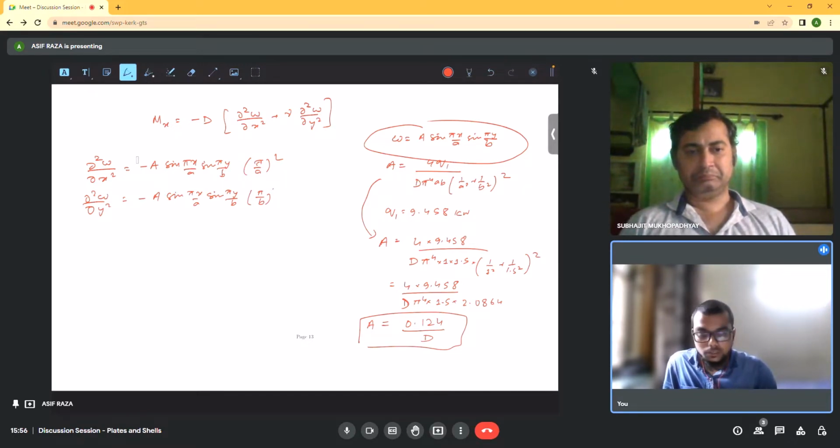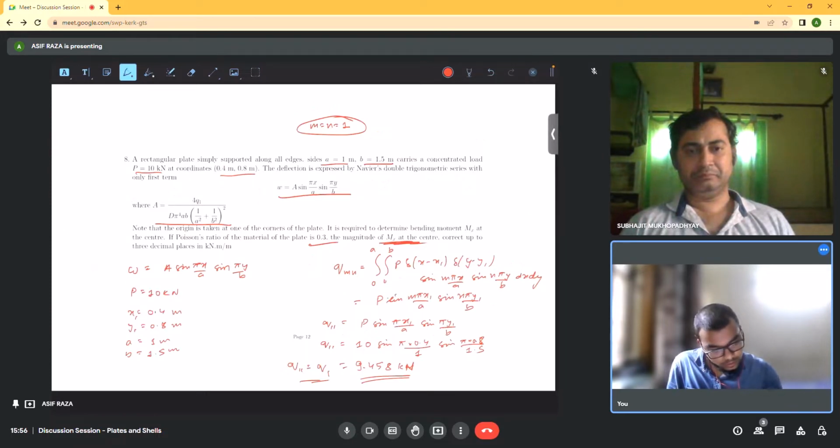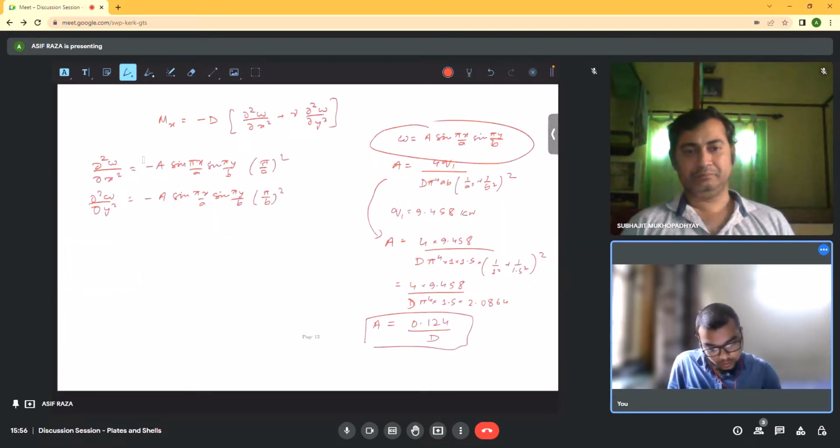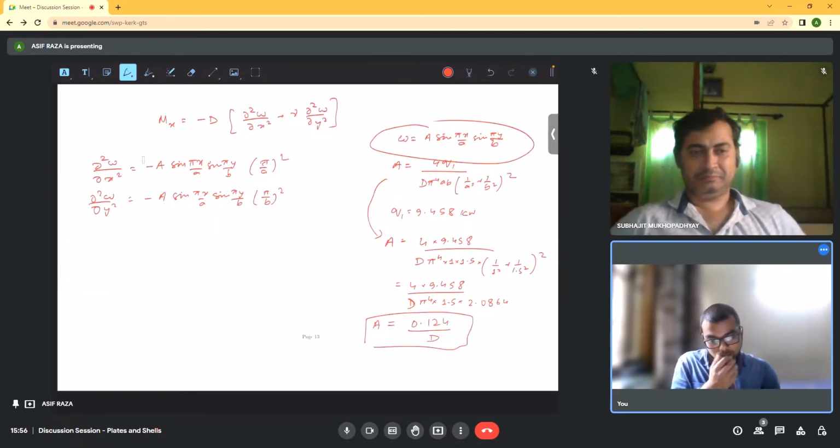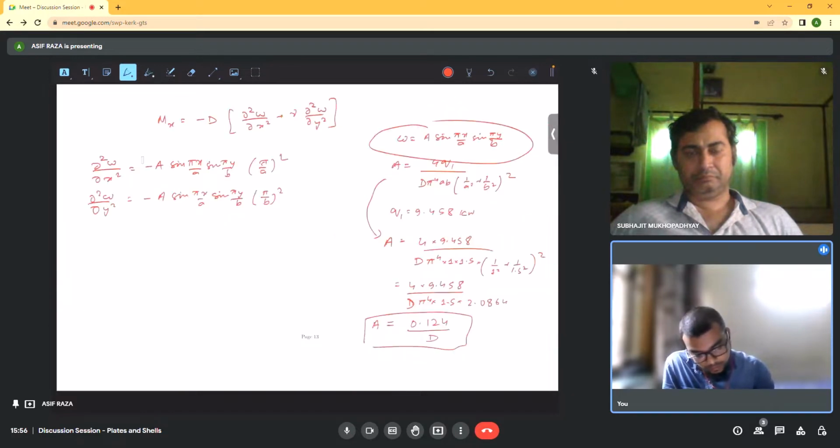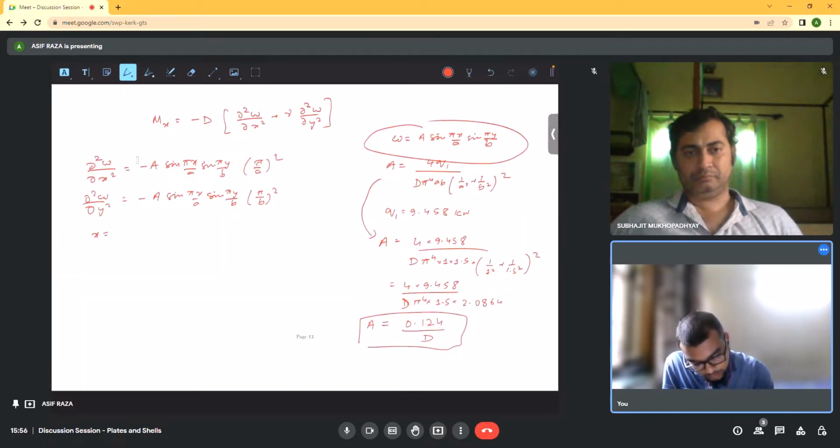So we have to find mx at the center. For the center, we need to substitute x equal to a by 2 and y equal to b by 2.